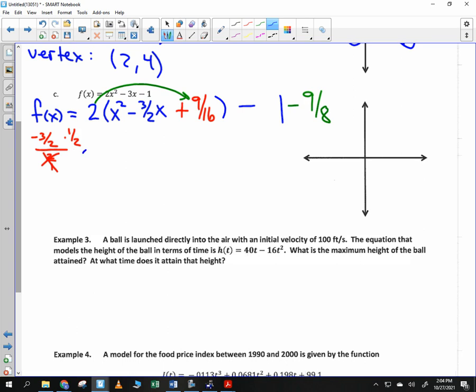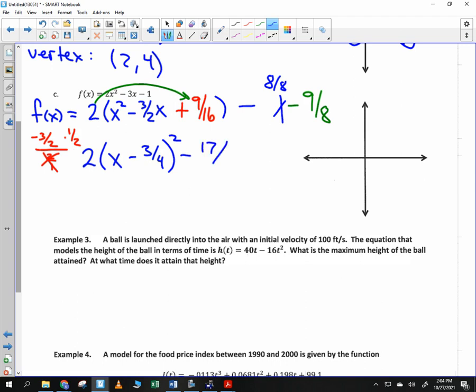I have 2 times. What does this factor to? X minus 3/4. Good. So what Ella sees here is that this number is always the square root of that. So that's squared. And then minus 1, so that's like 8/8, right? So what's negative 8/8 and negative 9/8?